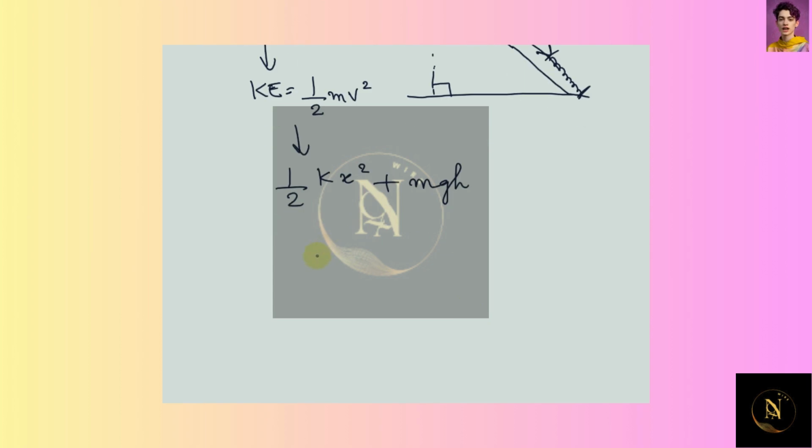Hence we can write the equation: mgh is equal to half m v squared is equal to half k x squared plus mgh'.